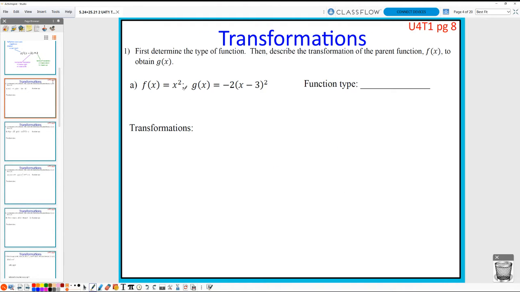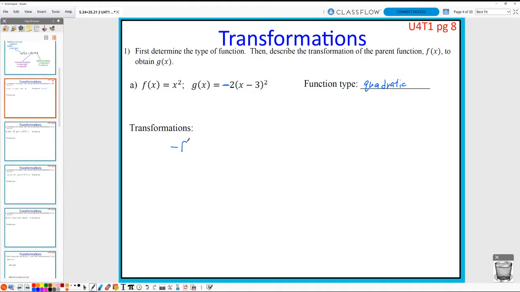So here, for example, I want to identify the type of function first. I have x squared. This is a quadratic, or if you say polynomial, that is technically correct as well. We're going to describe what kind of transformation has occurred. Let's do the ones that are a little more straightforward first. Like I said, this a value here has 2 things going on, so I'm going to use 2 different colors to differentiate them.